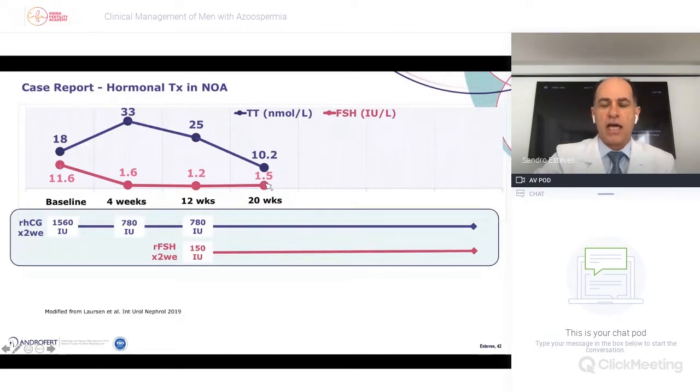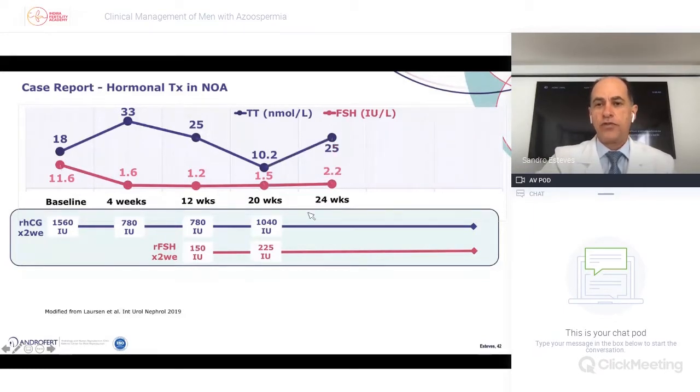And what happened then was that we could actually increase the FSH levels to 1.5, but for some reason, the testosterone levels went down. Some patients, when you continue the stimulation for several weeks, might have these fluctuations. So we increased the HCG dosage again from 800 twice a week to 1,000 twice a week, and also increased the FSH dosage to 225.